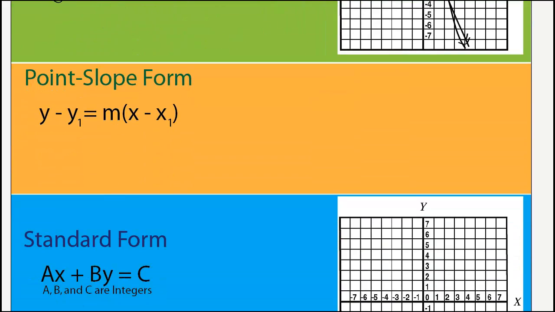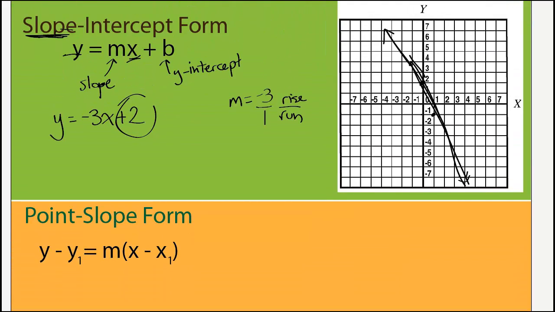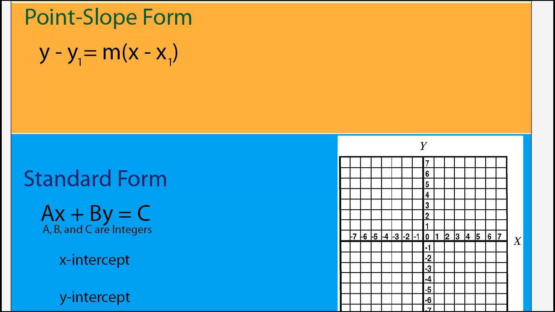So that's slope-intercept form that we just talked about. Now let's talk about point-slope form. Point-slope form means that you have a point and you have the slope. Let's say we have 2 points: 4, 2, and 5, negative 6. We have to find the slope first.